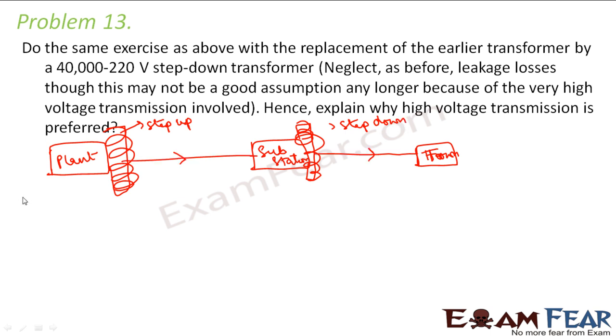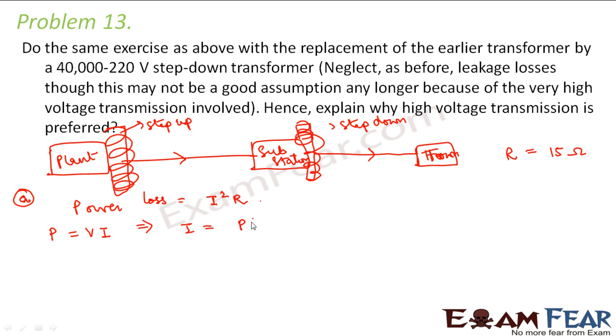So in the first part, we had to calculate the power loss in the form of heating. The power loss incurred in the form of heating is I square R. R we have already calculated in our previous problem, right? R, the net resistance of the wires, was 15 ohms. So what would be the value of current here? Like the way we calculated in the previous problem, here also power needs of the town would be equal to the voltage multiplied by the current.